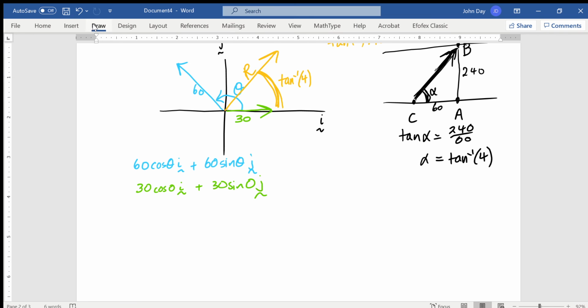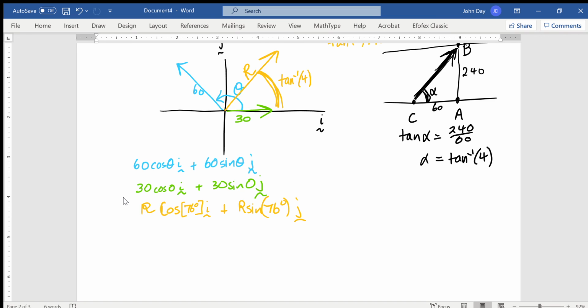And finally, our yellow vector, our resultant vector, is r cos of, roughly, 76 degrees i, and r sine of 76 degrees j.